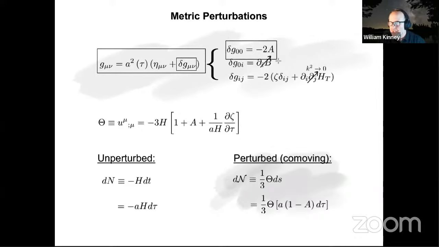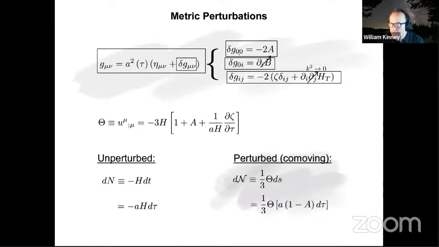And so, analogous to the decomposition that David was doing, I think I'm using slightly different variables, but it's the same decomposition. I can take the metric and write it down as the most general possible combination of scalars that I can use to construct a rank 2 tensor metric perturbation. And this is the most general decomposition.